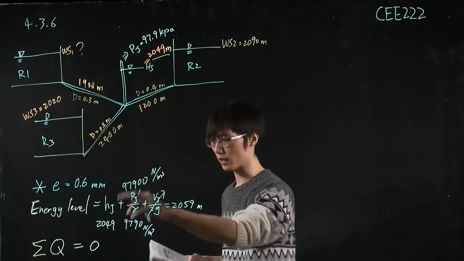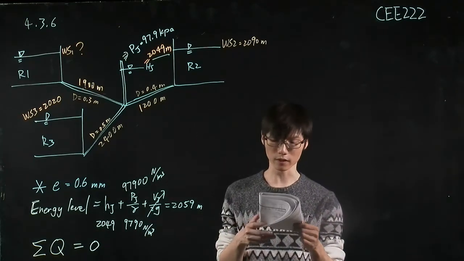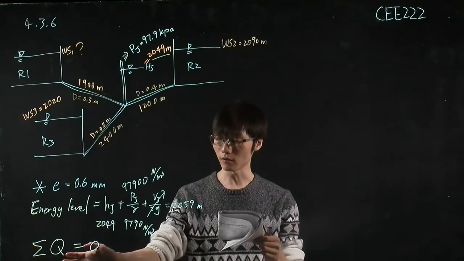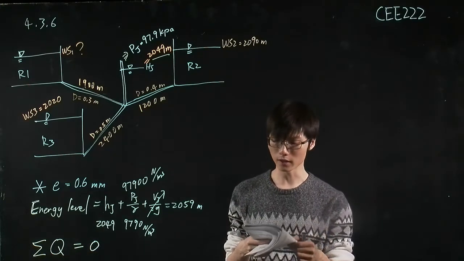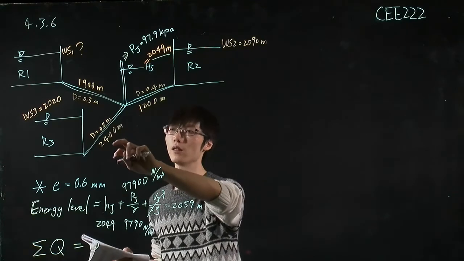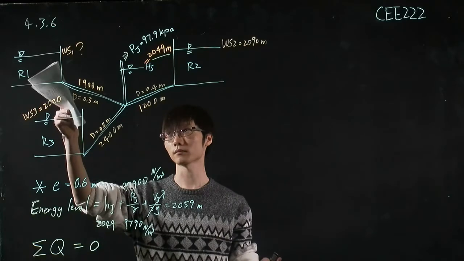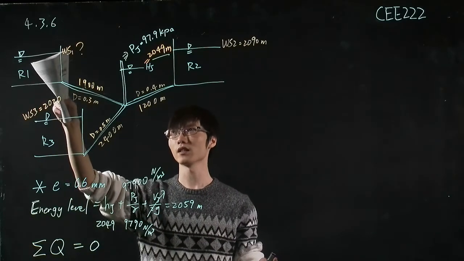So if this is balanced, we will have this condition satisfied. That is our target. We want to calculate the Q for pipes 1, 2, and 3, and use that information to verify, to calculate this WS1.